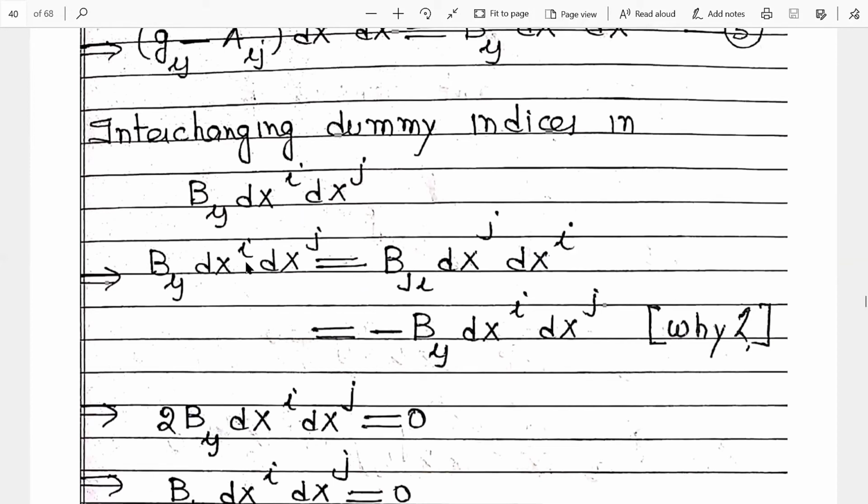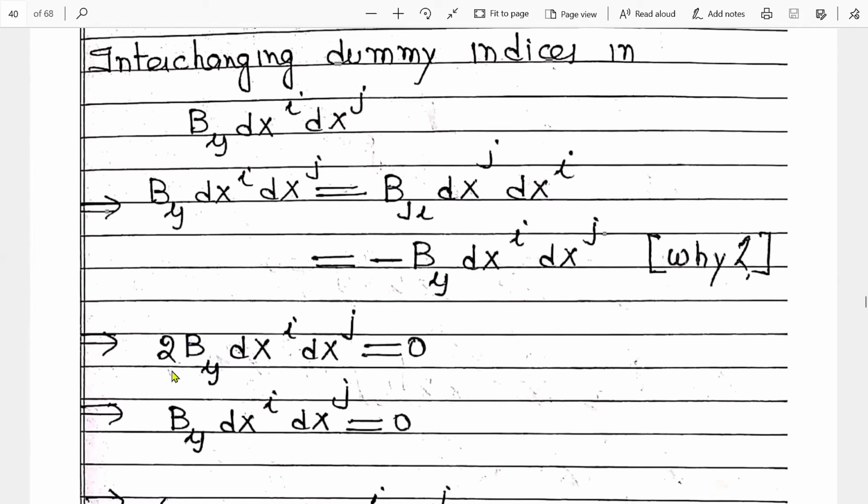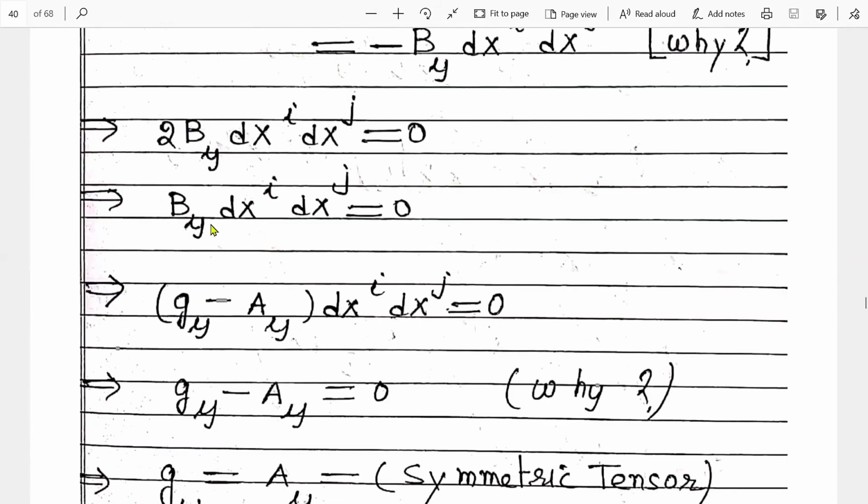This term is basically the same as this term, because we are just interchanging the dummy indices i and j. Due to the skew symmetry property, Bji is converted into minus Bij, and it implies 2 Bij dxi dxj equals 0. It implies Bij dxi dxj is 0.